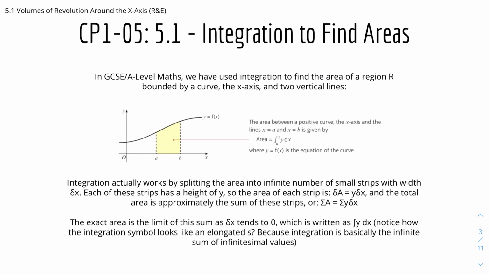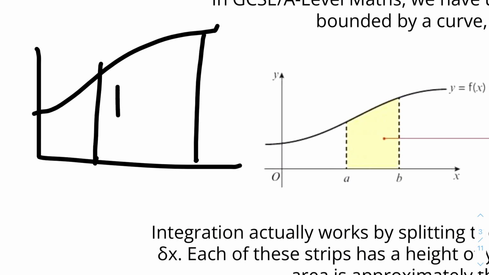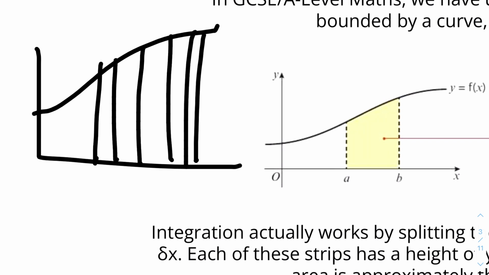So what it means is that we have this graph over here. Let's say we have this curve, and we want to find the area between this line here and this line here. What we would do is split it into infinitely small rectangular or trapezium strips, like these, and all of them have width delta x.